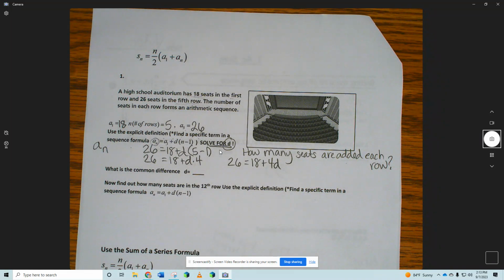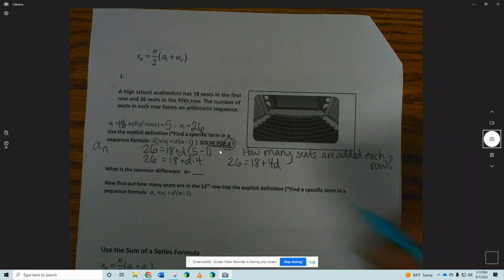Five minus 1, I got easy 4. What do you move first? Just shout it out, guys. It's taking too long. 18, subtract 18 first. Both sides. And then you did that.